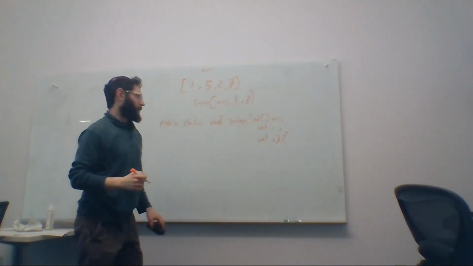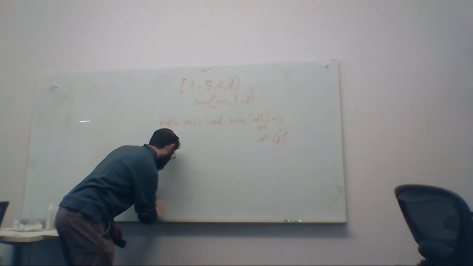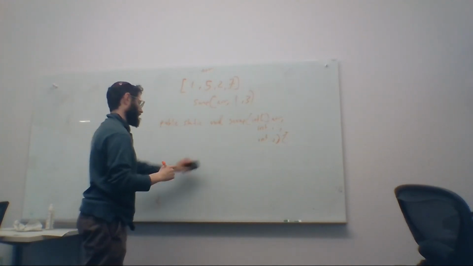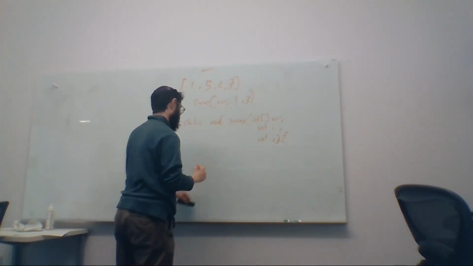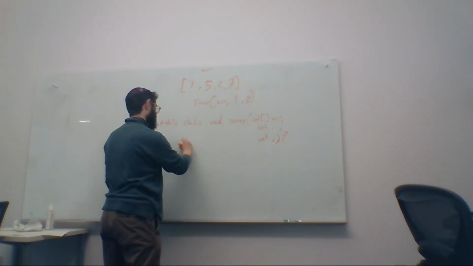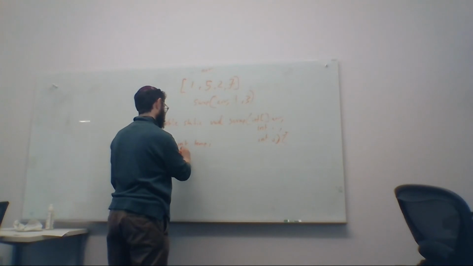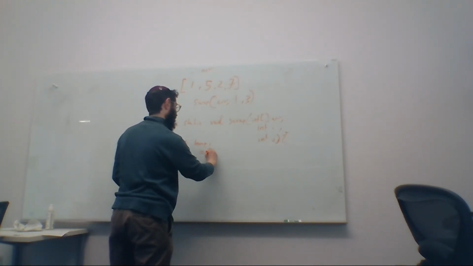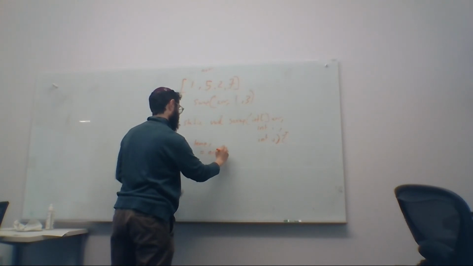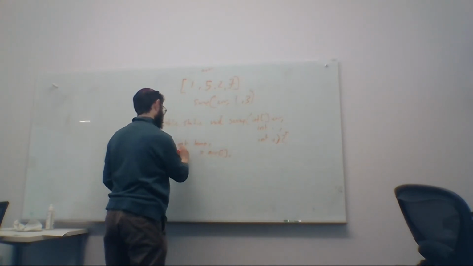So how's that going to look? You just need to use a temp for swapping. We've done this before, nothing too exciting. So we have an int temp. We take the value at i and copy it into temp.